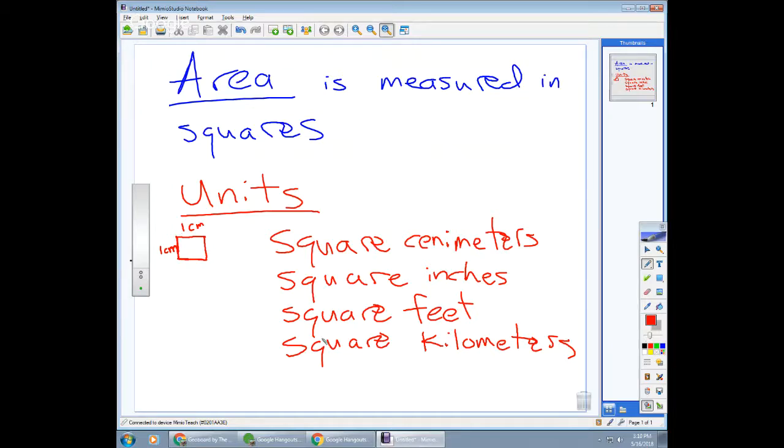Do you know any other units of area measure that we use that are kind of different than square inches or square centimeters, square feet, or square kilometers? Square miles. Square miles is like square kilometers, yeah, so that's pretty close. Acres? Acres, yeah. Acres is kind of a different idea.